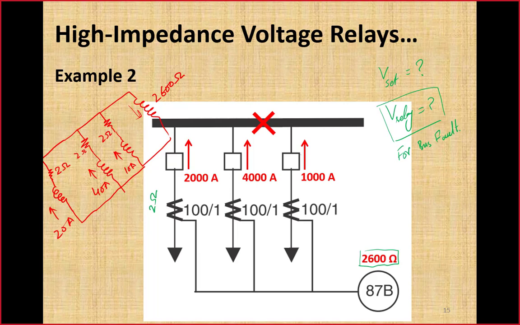So let's do this calculation and complete this second part first. V relay in case of internal fault, V relay is equal to the sum of these three currents, 70 into 2600, and that is 182 kilovolt.